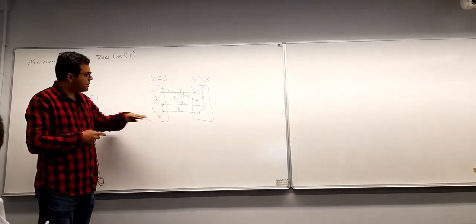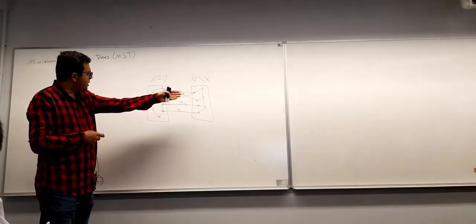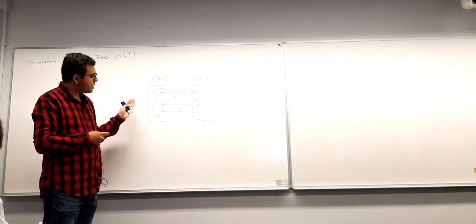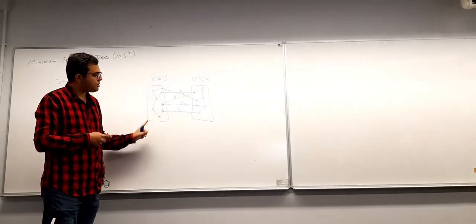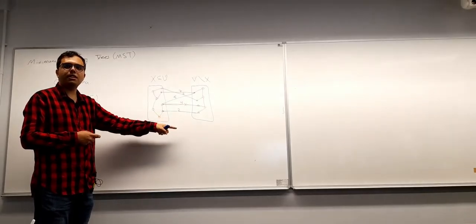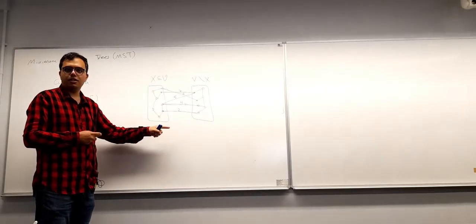But the important point is that in any division of the graph into two parts, you can always take the minimum edge that goes from one part to the other part, and you can always be sure that there is a minimum spanning tree that contains that edge.